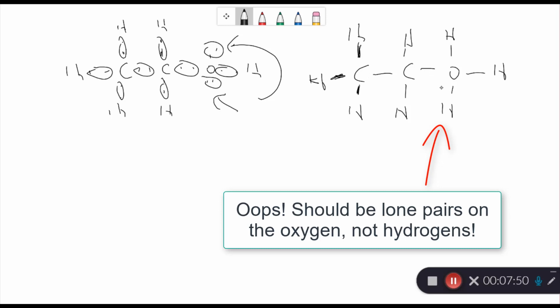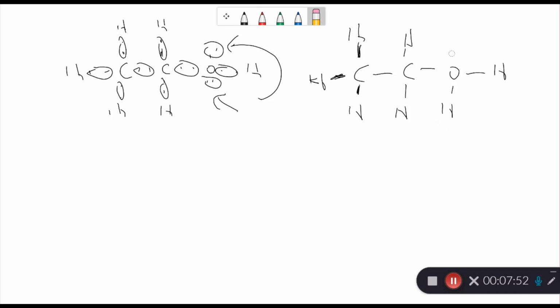Whoops, I got a little bit of extra going on here with the oxygen. So let's make sure we get this right. And I'll show the lone pairs here as well. But now if we were to do line drawing, essentially all I need to do is show the 1 carbon bond to the next carbon, oxygen, and the H, and that's it.